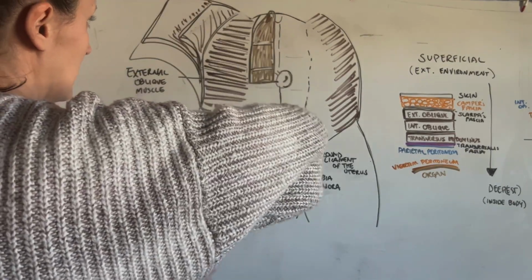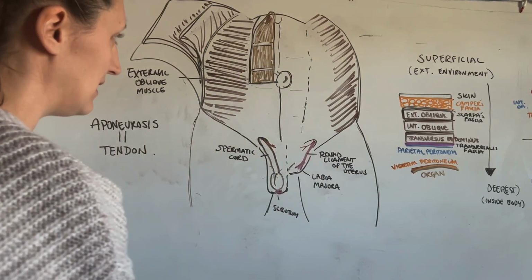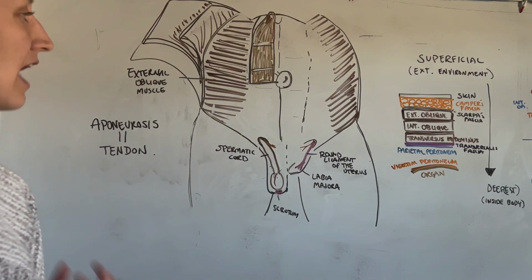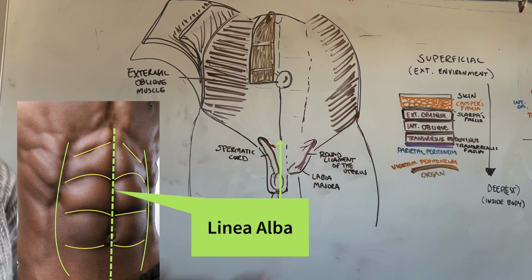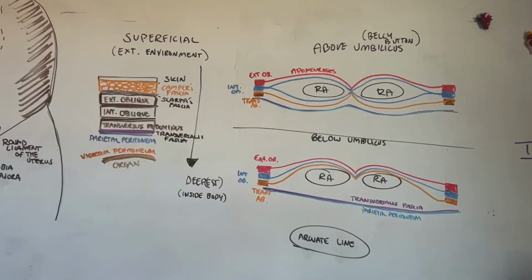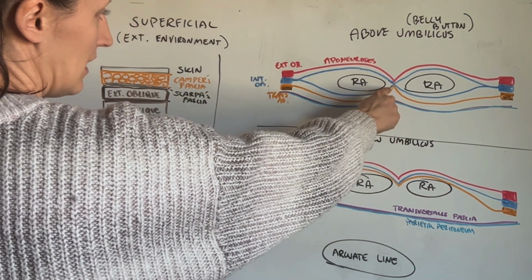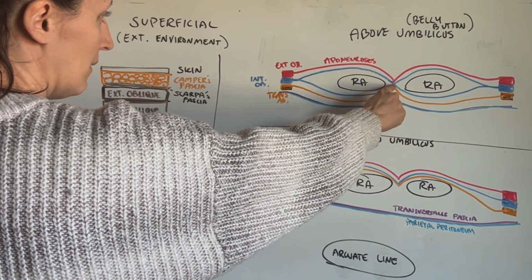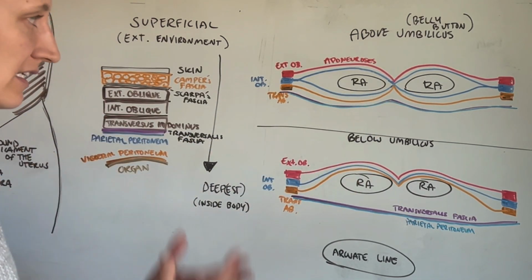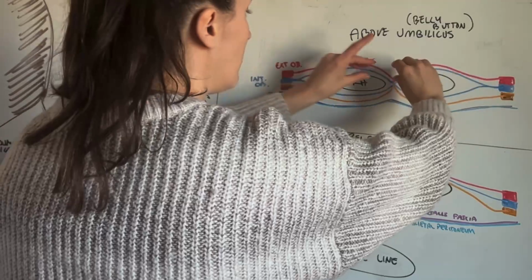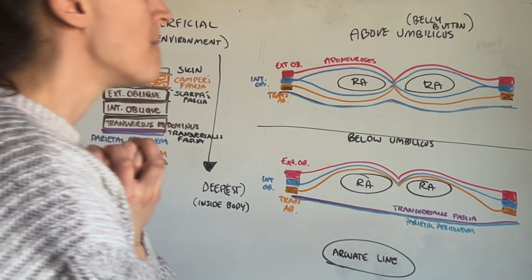That is rectus abdominis. You see this line in the middle of your rectus abdominis, and that line is called the linea alba. And I want to bring us back over to that picture we did earlier, because the linea alba is this point at which all of our aponeuroses come together. So it's just a thick portion of that rectus sheath, which is all of those aponeuroses of our external, internal, and transversus abdominis muscles.